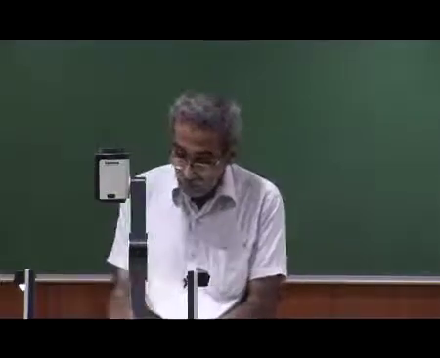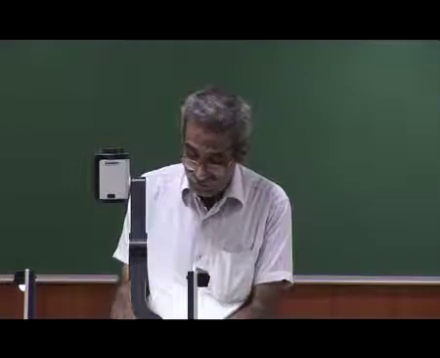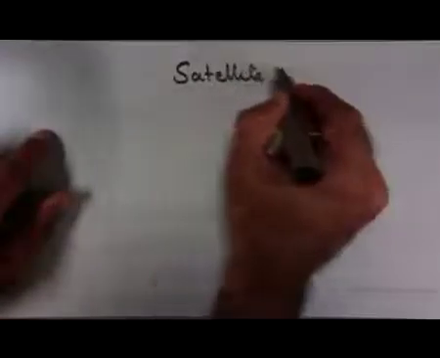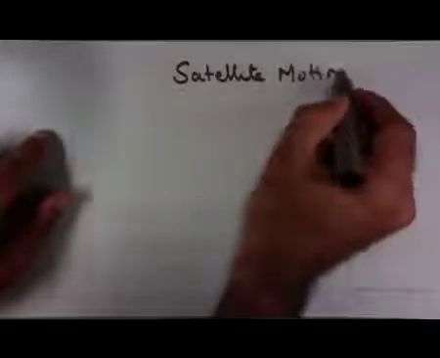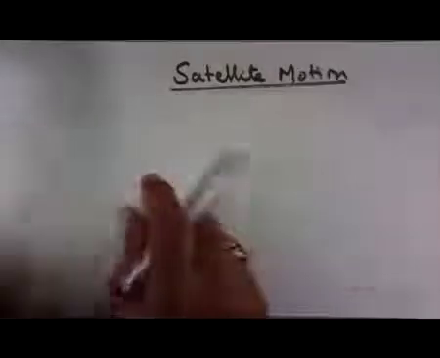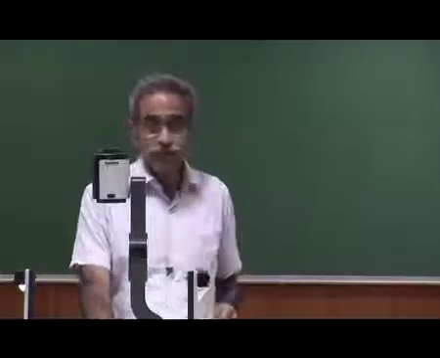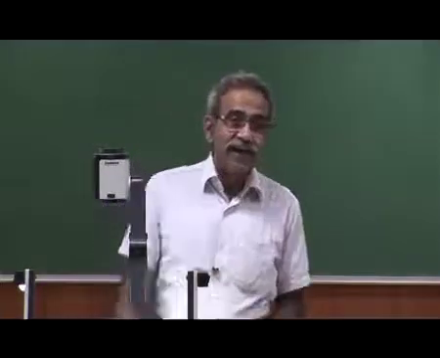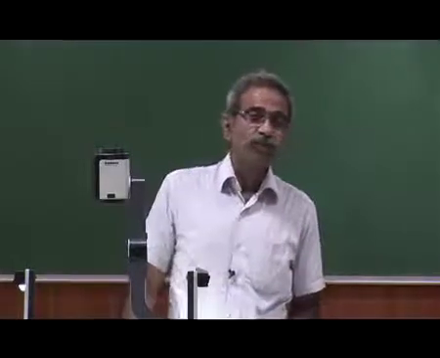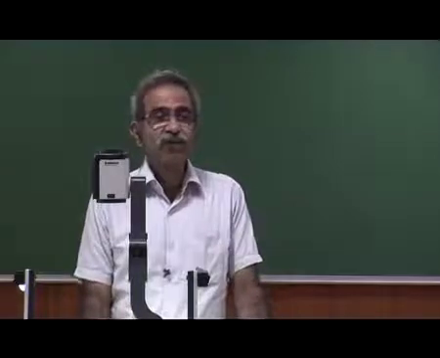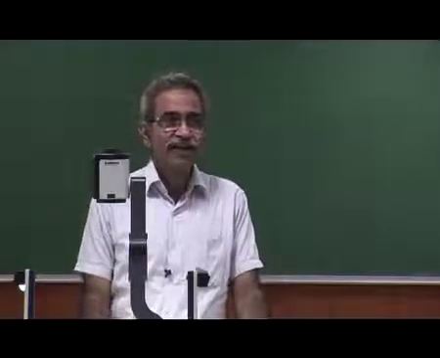Now as the last topic, let us look at satellite motion. When we speak of satellites, there are two kinds of satellites that we have to keep in mind. This word satellite is peculiar to our solar system, because in principle all planets can be looked upon as satellites for the Sun.